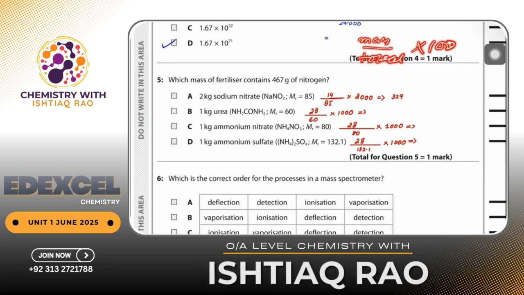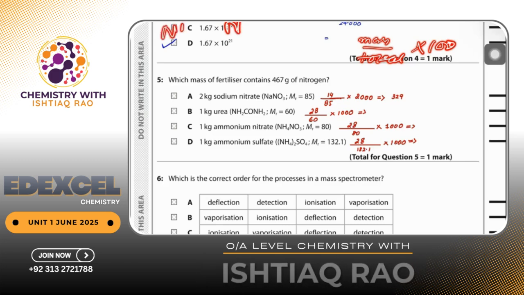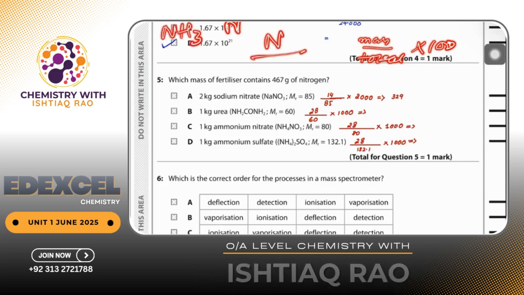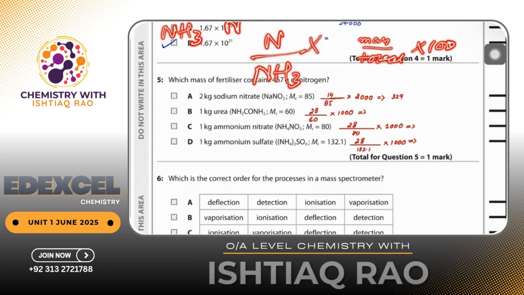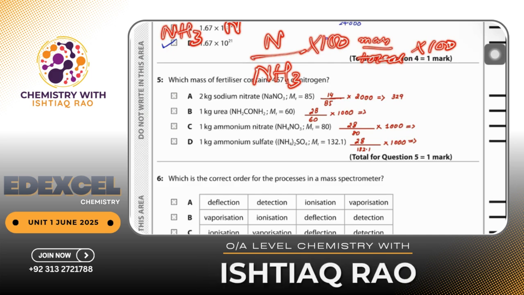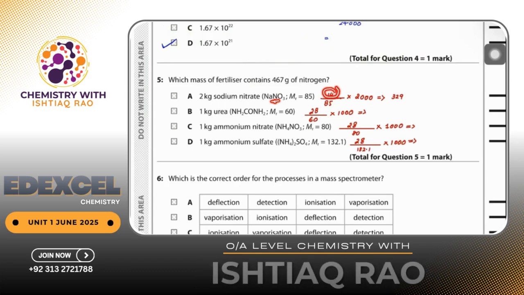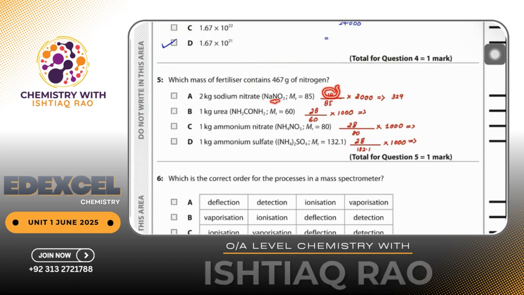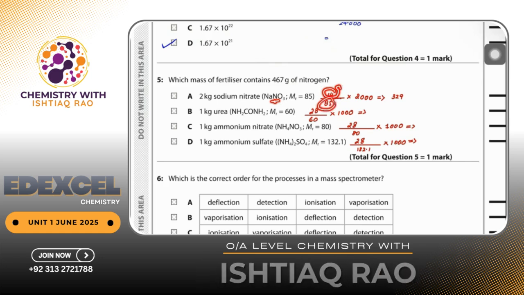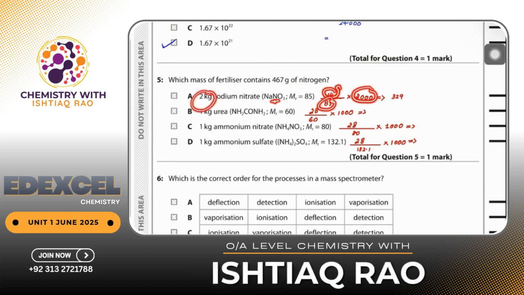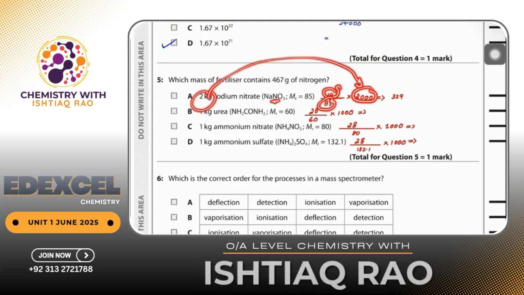Like if you want to find out the mass of nitrogen in ammonia, you can do this. I'm going to do the same thing. Nitrogen is on the top, divided by the total, multiplied by 100, but the mass is given, so I am supposed to multiply by the given mass.